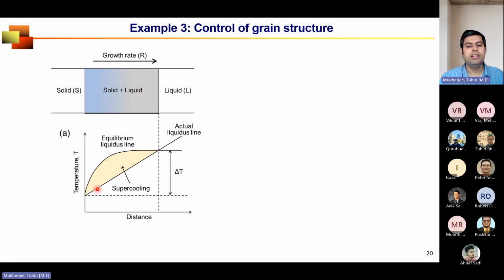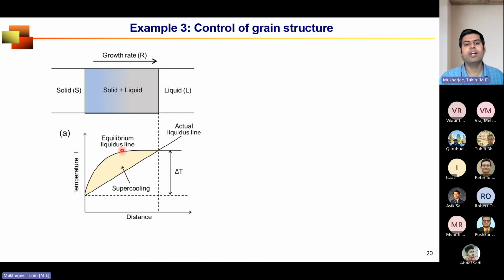And in this region, two-phase region, if you plot the temperature variation with distance, you will see that equilibrium liquidus line that you can get from a binary phase diagram, if you are talking about a binary material, deviates from the actual liquidus line, and that region is called the supercooling that drives the solidification process.